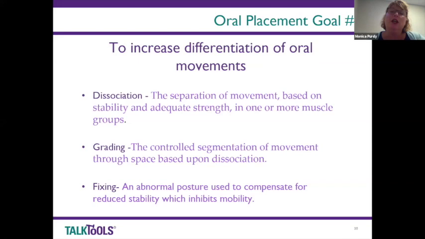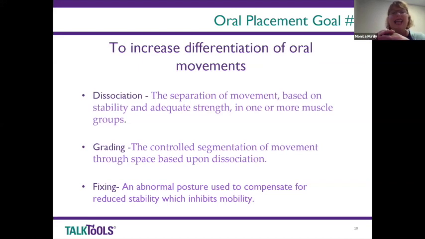Our next key term that we talk about is grading. And grading is a controlled segmentation of movement through space based on dissociation. So when we look at grading, grading is the fine, controlled motor movement. So first, my tongue is able to dissociate from my jaw.